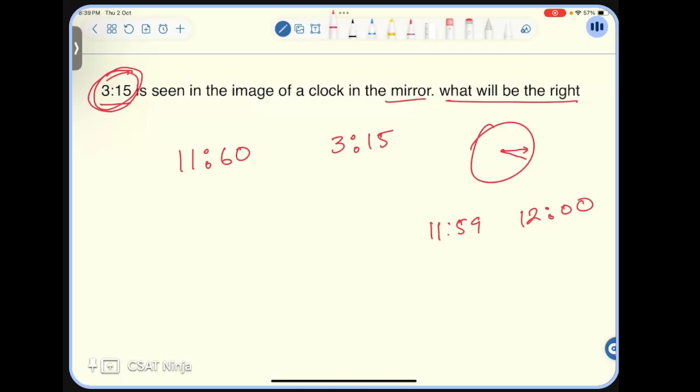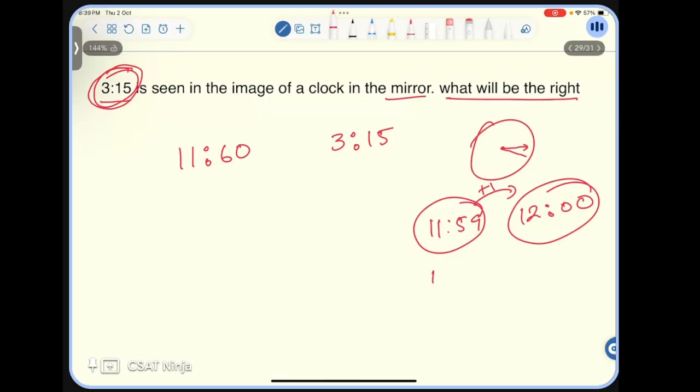That means from this 11:59, 1 minute later will give me 12 o'clock. So in place of 12 o'clock, I'm using 11:60 here. Don't get confused. Plus 1 simply means 59 plus 1 will give me 60 here. So this is the formula.